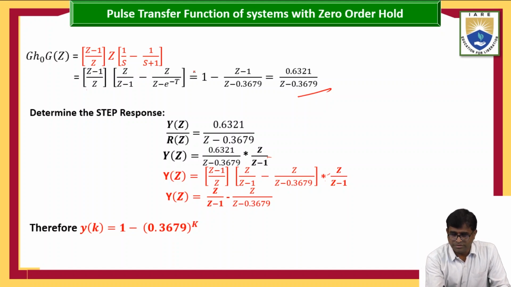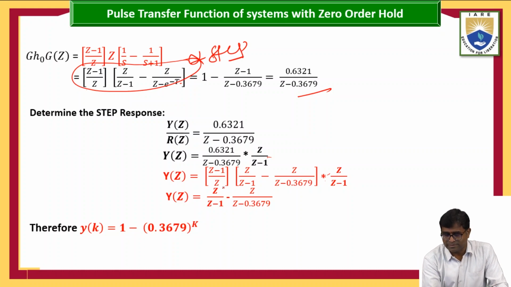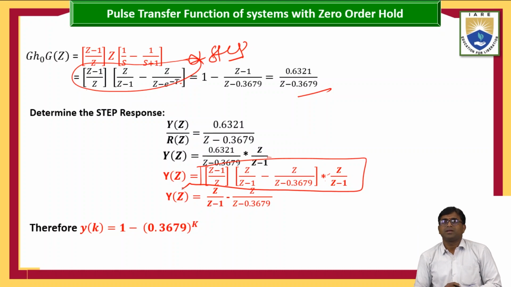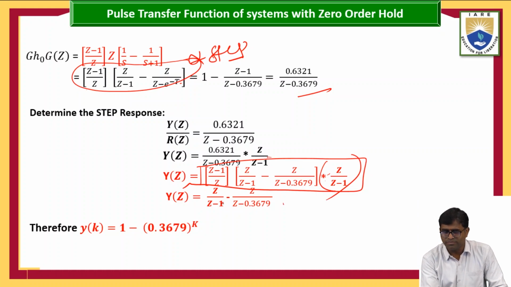This is the equation before the final equation, for the step response. So solving this one, we got Z by Z minus 1 minus Z by Z minus 0.3679.